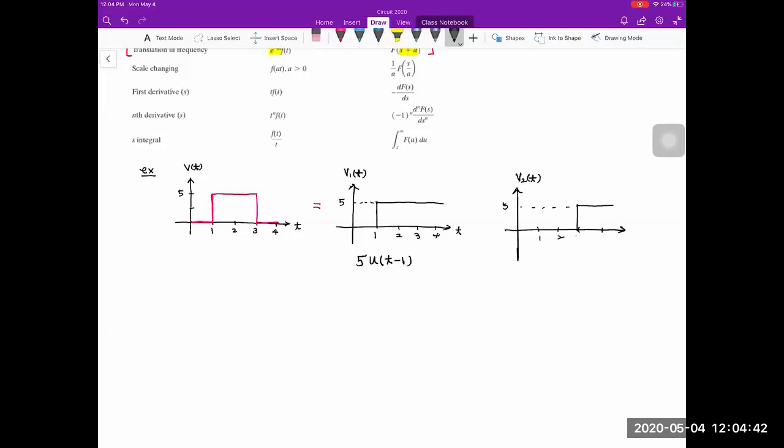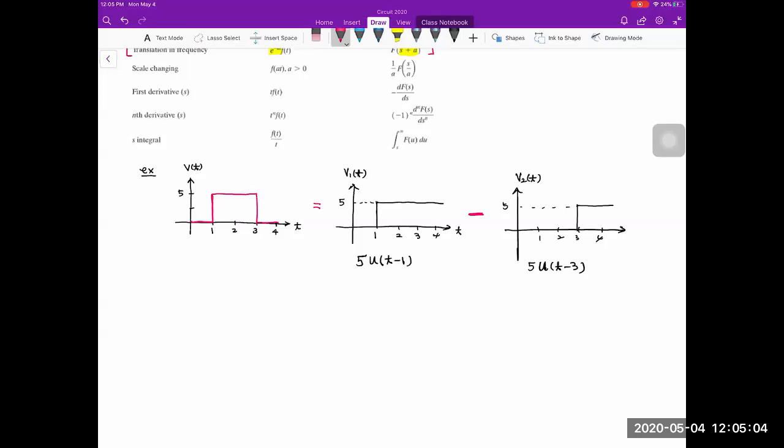And how do I represent this one here? If you know the previous one, this one will be u of t minus 3. If I subtract these two, that is actually the figure on the left, right?